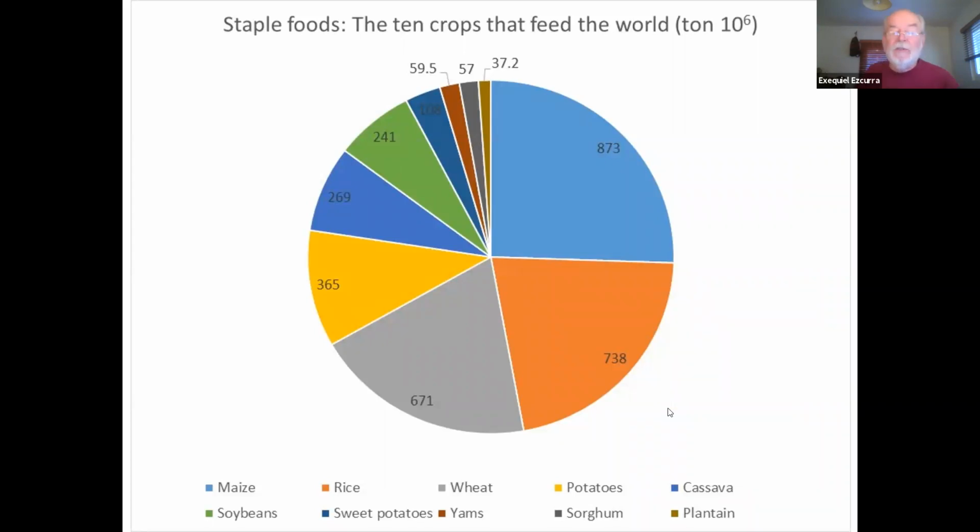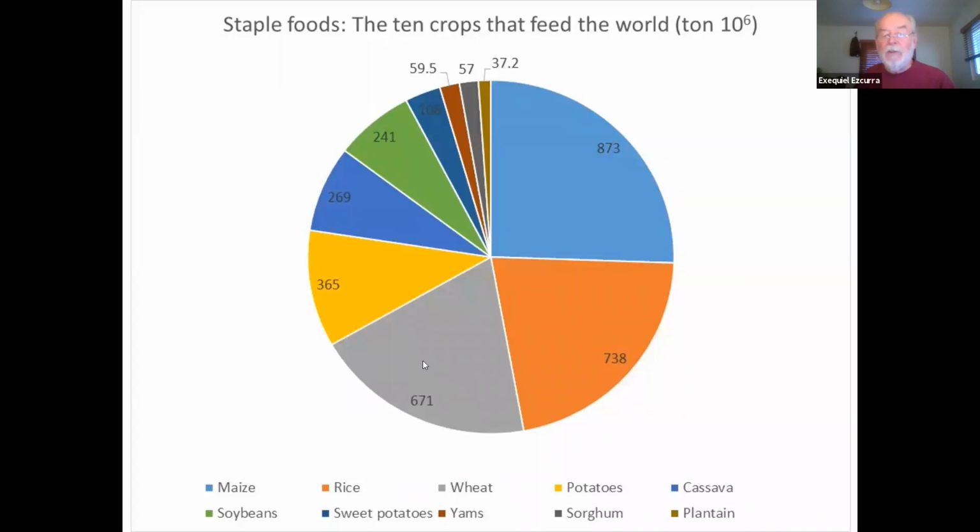Look at this graph. I got it from a statistical yearbook of the United Nations, and it tells you how much of different plants are cultivated to feed human societies. This is maize, this is rice, and this is wheat.